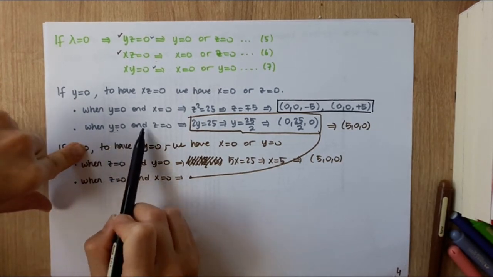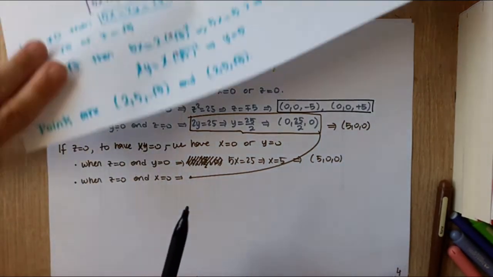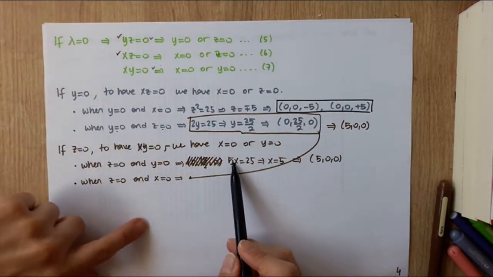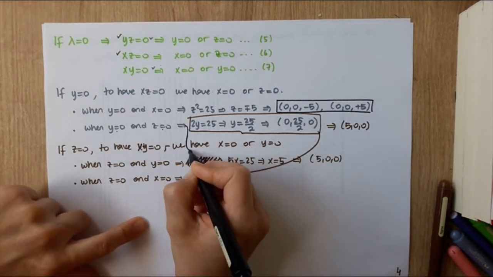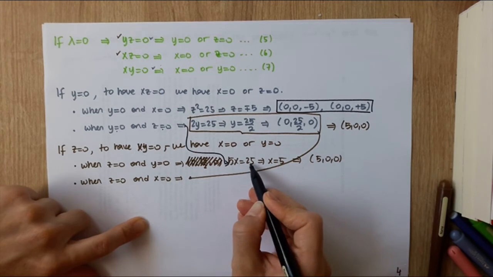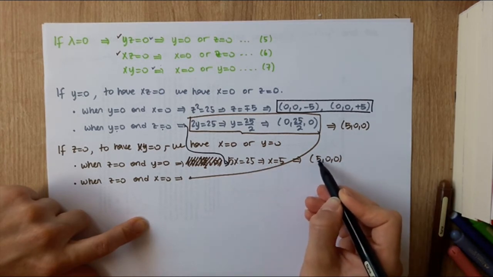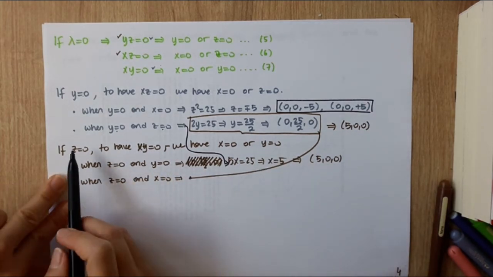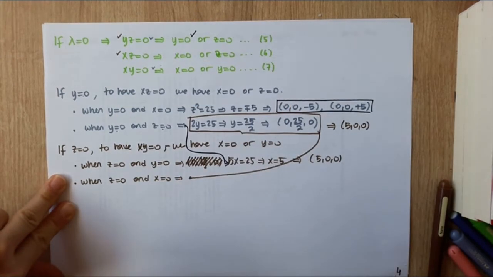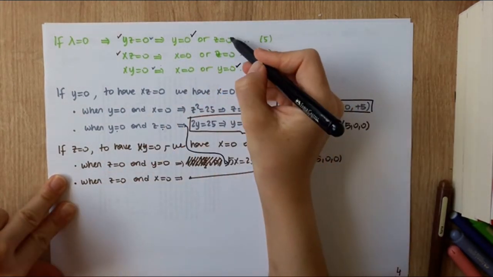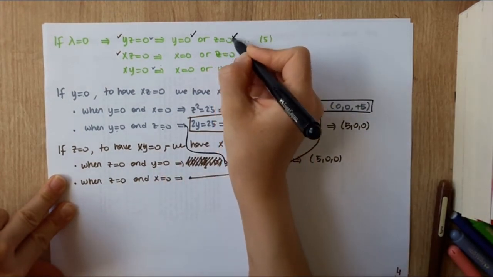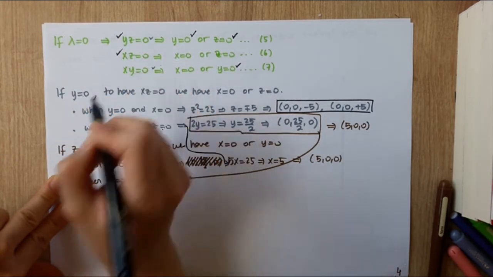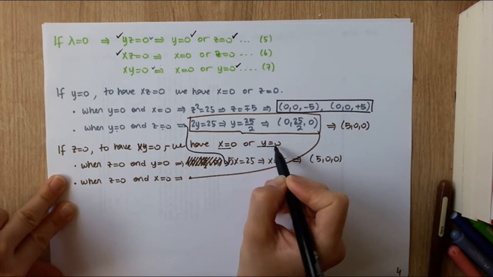When y is 0 and z is 0, we have 5x equals 25 here, so x is 5, so the point is 5, 0, 0. And in this second case, we analyze this, right? So when z is 0, this and this equation are directly satisfied, but we should satisfy xy equals 0 also, so this means x is 0 or y is 0.